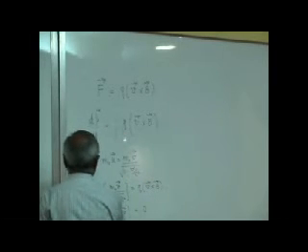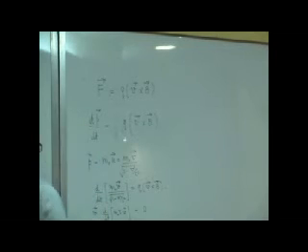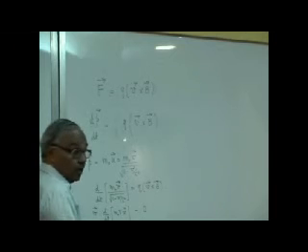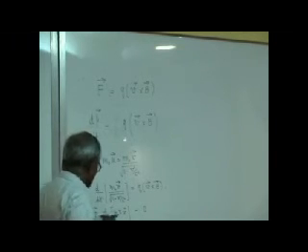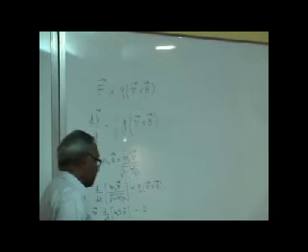I have written m0 twice. Where is that equation? Did I make a mistake? Which step? Is it okay?